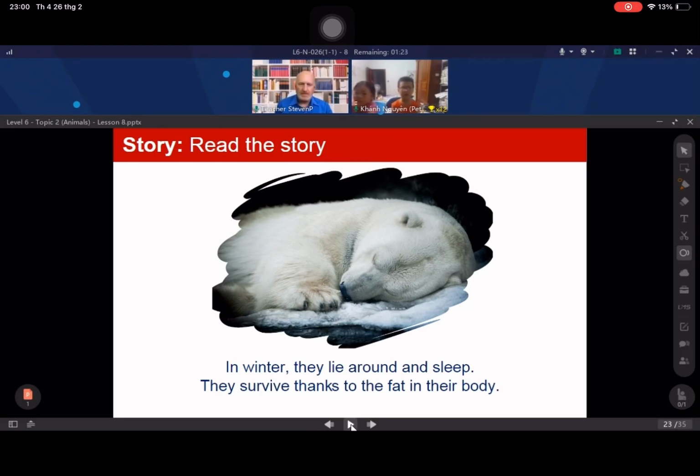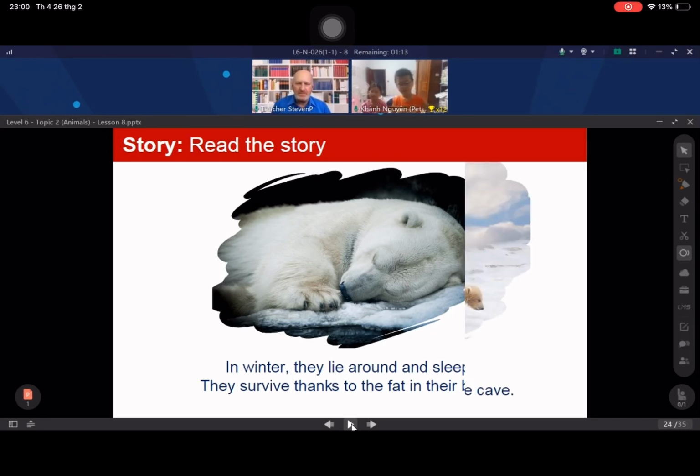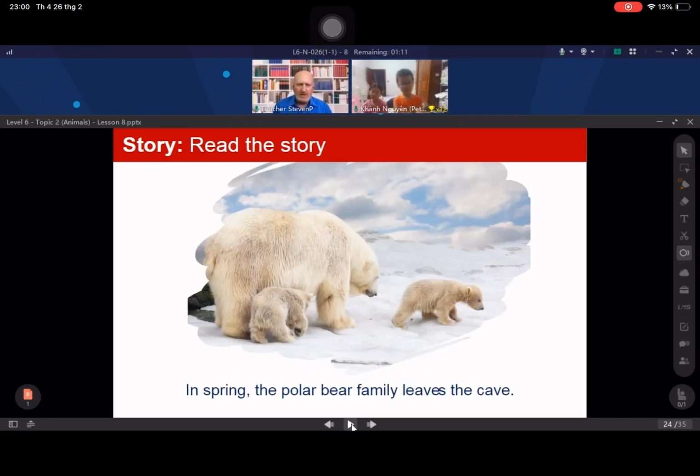In winter, they lie around and sleep. They survive thanks to a fat in their body. That's right, they survive thanks to the fat in their body. In spring, the polar bear family lives in the cave. What? They leave the cave. The family leaves the cave.